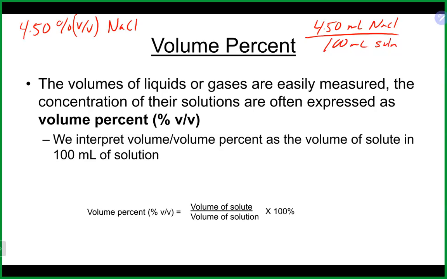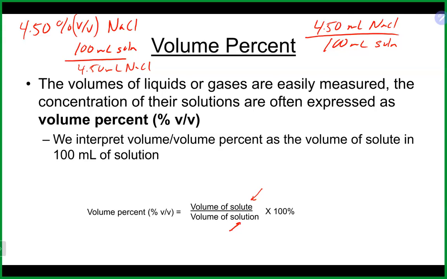And again, you can use it just like a conversion factor and flip it around the other way: you have 100 milliliters of solution and 4.5 milliliters of sodium chloride. So once again, in most cases this is milliliters and milliliters, which is common. Volume is typically what we have going on there.